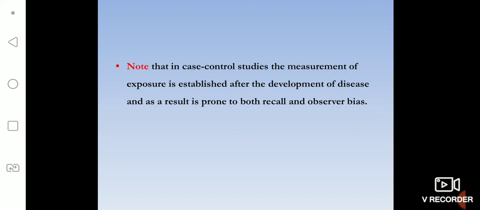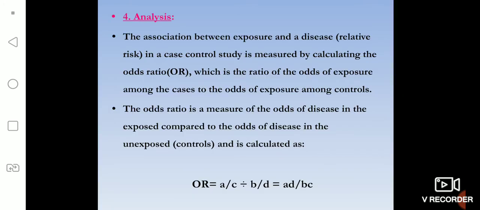We are collecting information among the cases who had developed disease and controls who have not developed the disease, but we are asking about the sequence of events that had happened previously. So they have to recollect and tell us. So there is high possibility of recall bias among these cases and controls.